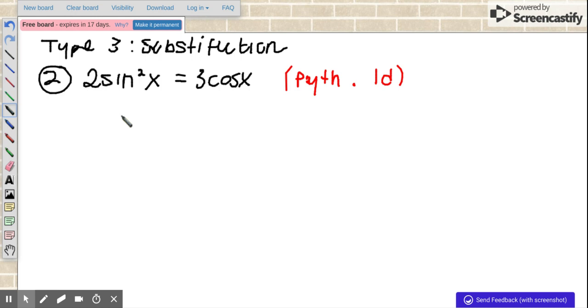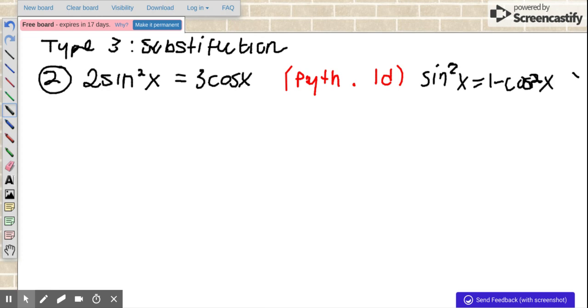Therefore, by this rule, we can isolate sine squared of x and get that sine squared of x is equal to one minus cos squared of x.